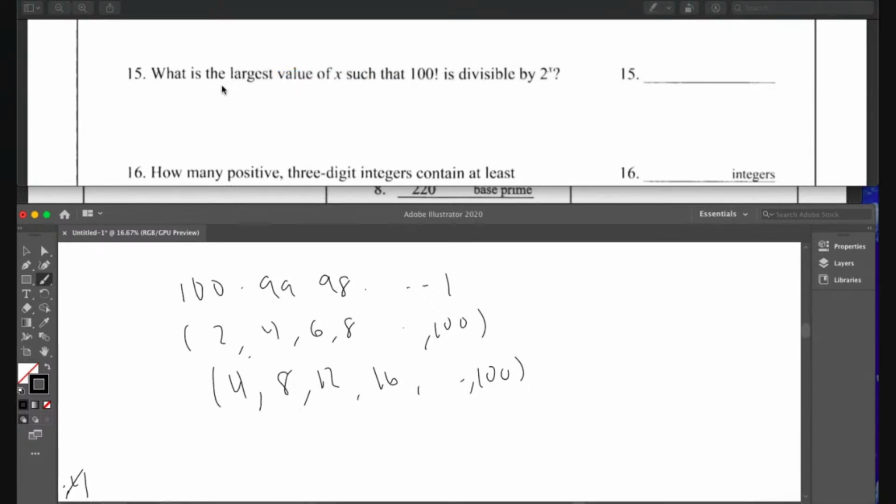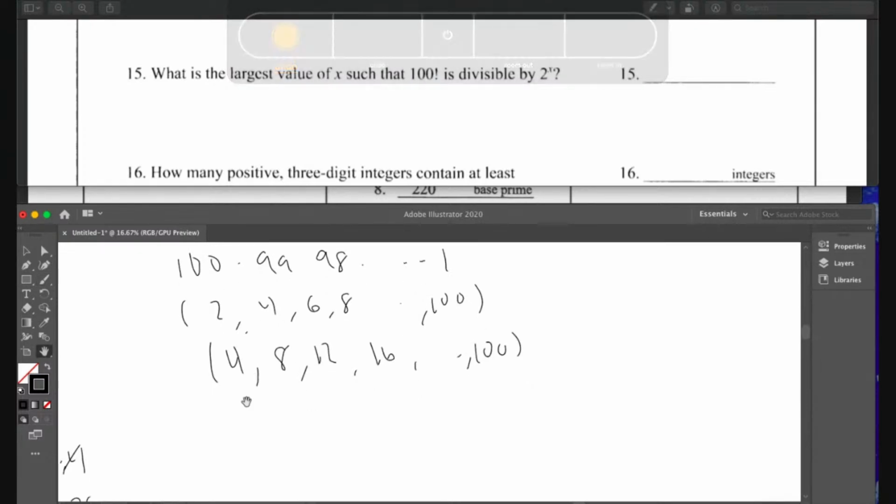Because if you think about it, some higher powers of 2 are going to contribute more than just 2 powers of 2, right? If I look at 8, 8 is not going to contribute 1 or 2 factors of 2. It's going to contribute 3 factors of 2. So we're going to have to go up and count that again. Any multiple of 8 is going to contribute 3 factors of 2, so we need to count it 3 times.